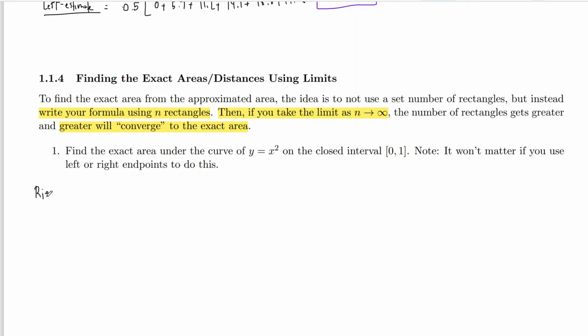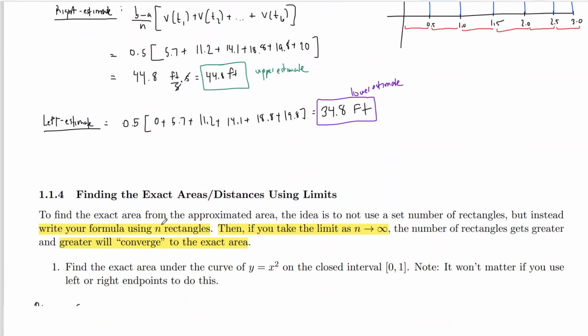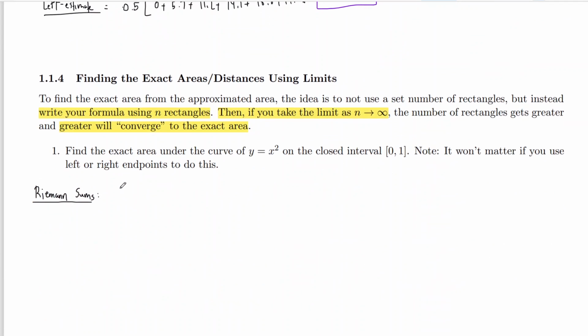Now, if you don't remember or know that name, you're not going to be grilled on it, so it's okay. But it's just going to be the formula that we've been dealing with here, the area approximation formula. It doesn't matter if you use left or right. And the sum here is from i equals 1 to n. We're going to have b minus a over n.